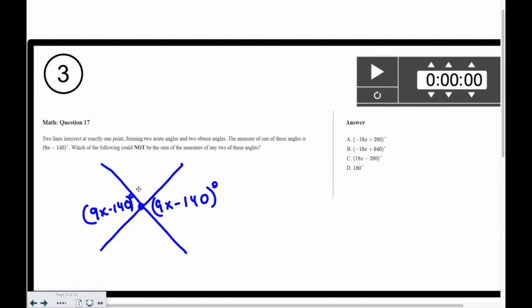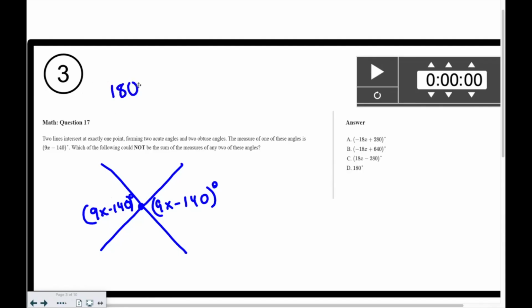And then the other two angles are congruent to each other as well because they're vertical angles. The way we would find that angle is it's supplementary with either one of these. Now we have to be careful. We need an expression for that angle. So just think about what you would do if you knew what the value was. Like if we knew this was 60 degrees, the other would be 120 because we would do 180 minus it.